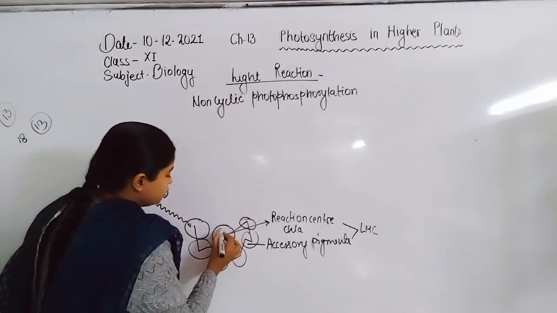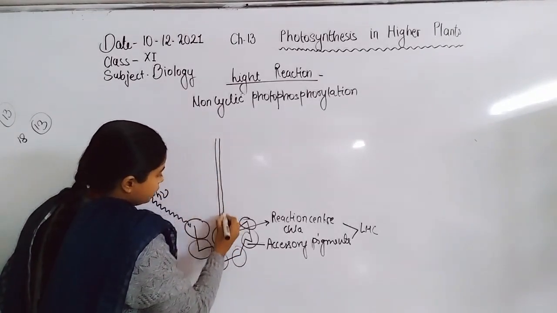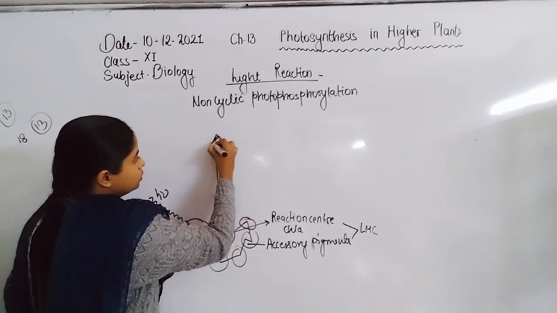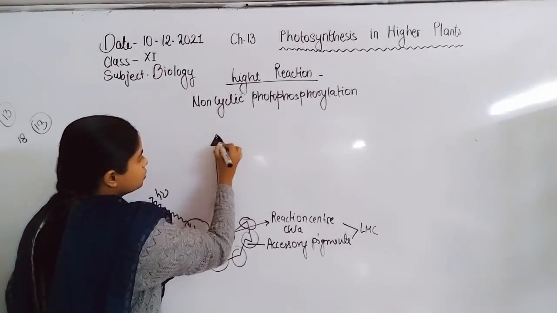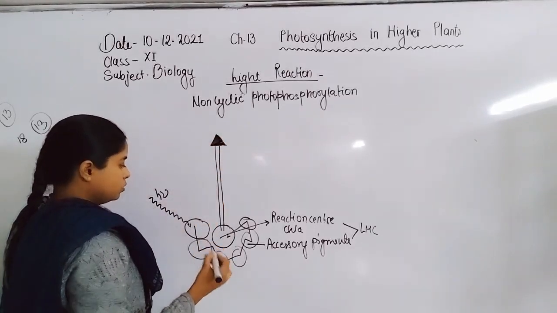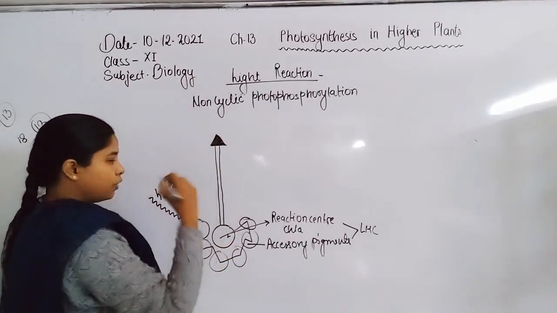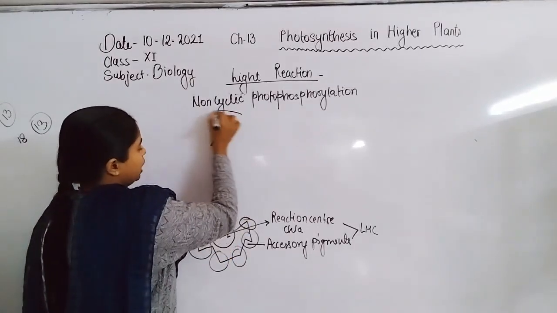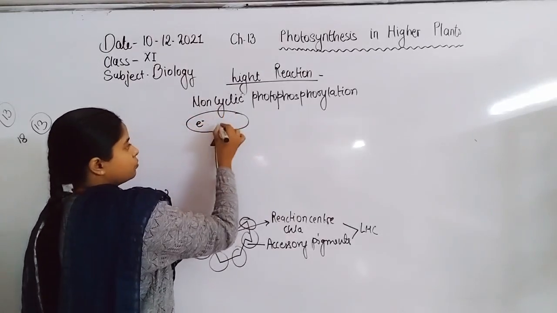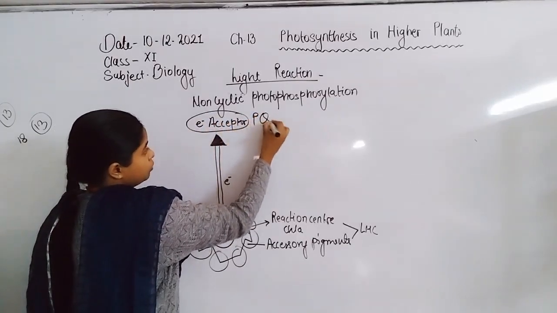The electron in the reaction center chlorophyll A gets excited, and after the excitation the electron jumps from its orbit, away from the nucleus, to a higher orbit, and from there it is caught by the electron acceptor plastoquinone.